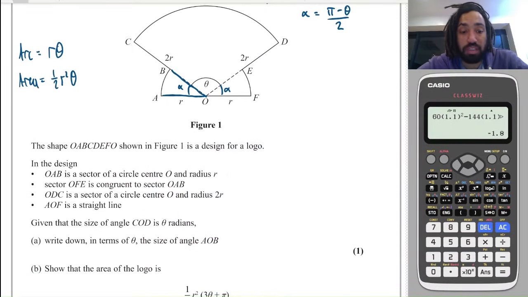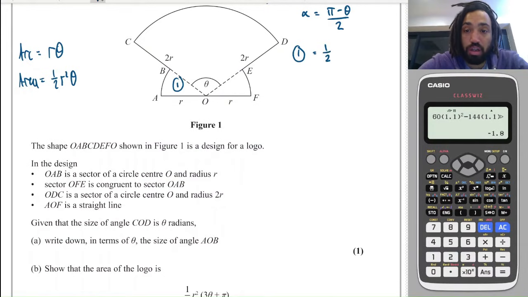Part B, it says show the area of the logo. Okay, well then let's first off look at this area. Let's call it area 1. That is a sector, and we know the area of a sector is equal to a half r squared, which is r, multiplied by the angle, which we worked out was alpha, which was pi minus theta over 2.